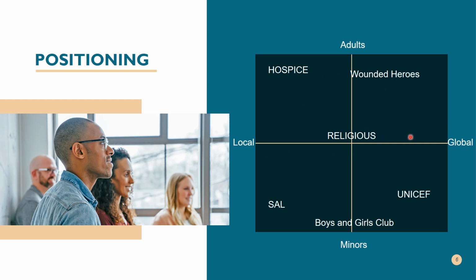You're like, this is what we want to be known for, is mostly for adults, and that we're global but have local affiliates. You think of it that way, okay?